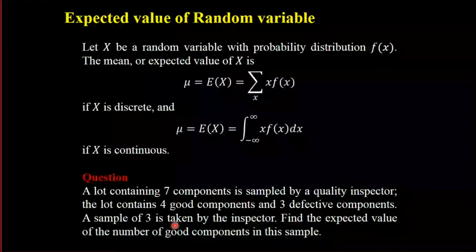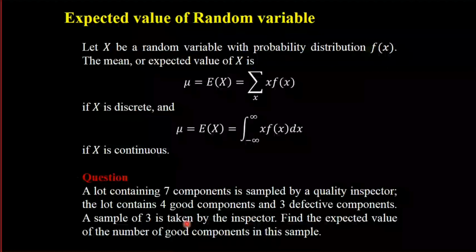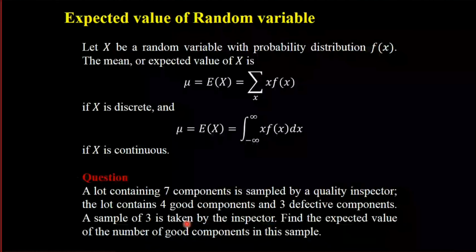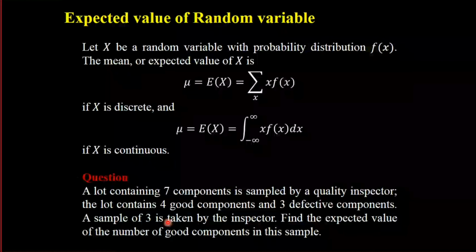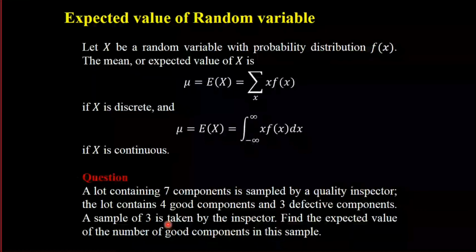A sample of 3 is taken by the inspector. So in 3 things, what can happen? How many good are there? Either 3 good, or 2 good and 1 defective, or 1 good and 2 defective, or all defective. So how to write that function?